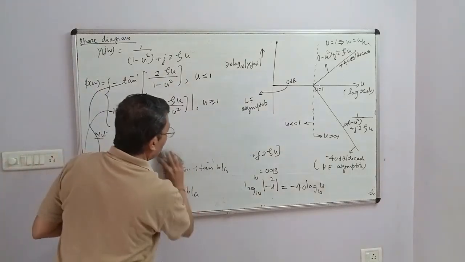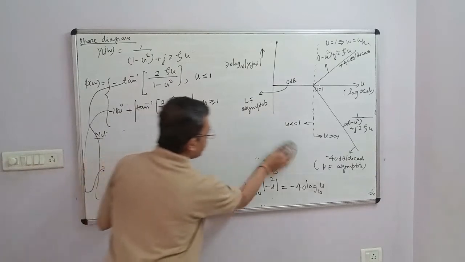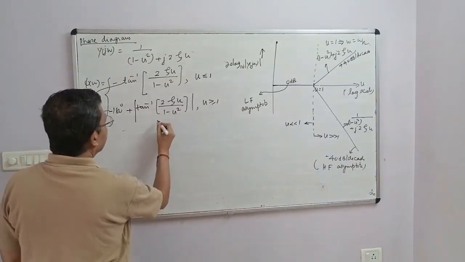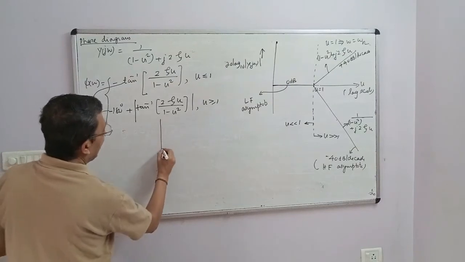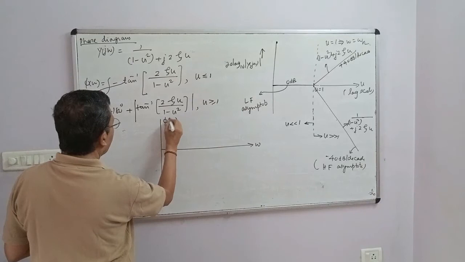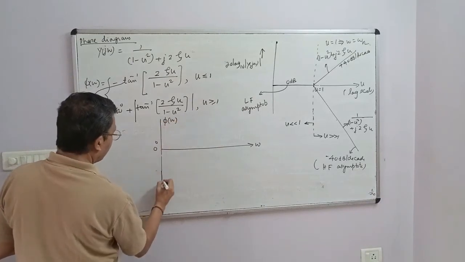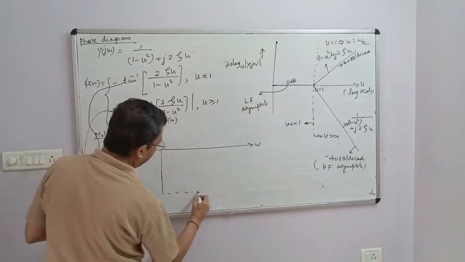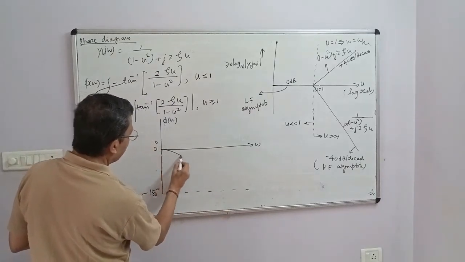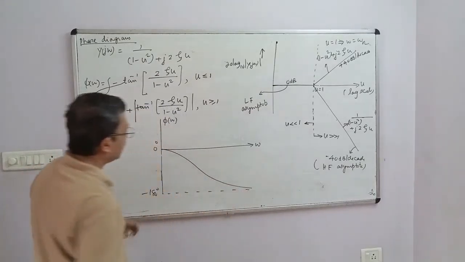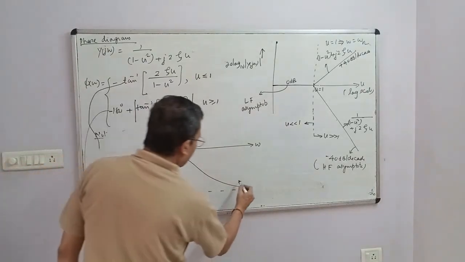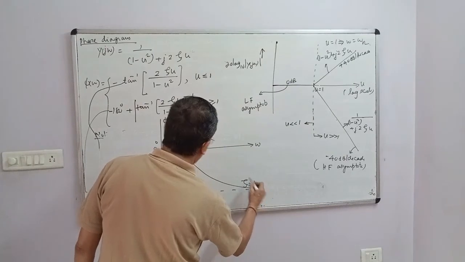Now I am going to plot the phase diagram. This is omega, this is phi of omega, this is 0 degrees. This straight line is drawn at minus 180 degrees. This is the variation of phi of omega for zeta equal to 1.